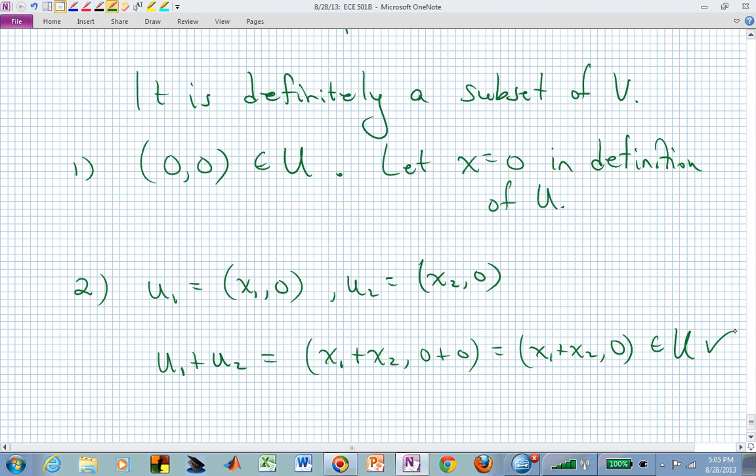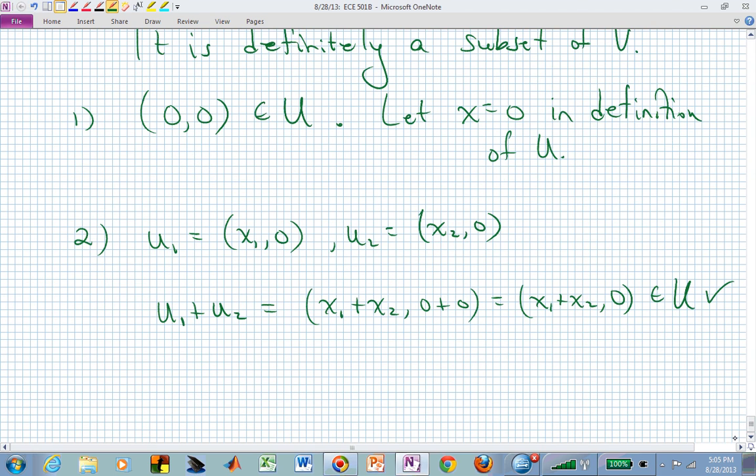That's a check. What about is it closed under scalar multiplication? So now let A belong to the real number line, and this could be anything on that real number line.